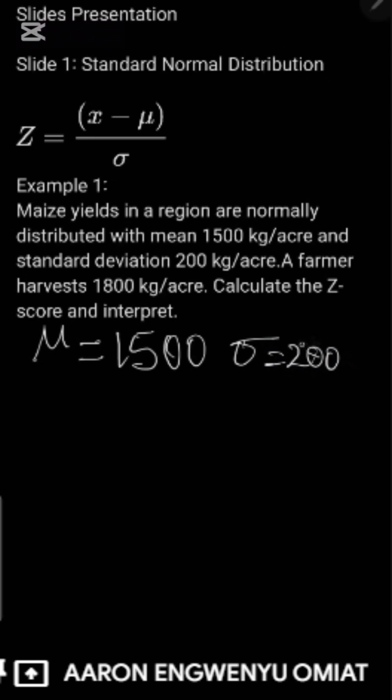And then they're asking us to calculate: a farmer harvests, so that's our X value, 1,800 kilograms per acre. Calculate the Z score and interpret. So the maize yields in a region are normally distributed with a mean 1,500 and standard deviation 200. A farmer harvests 1,800 kilograms per acre, and they're asking us to calculate the Z score.